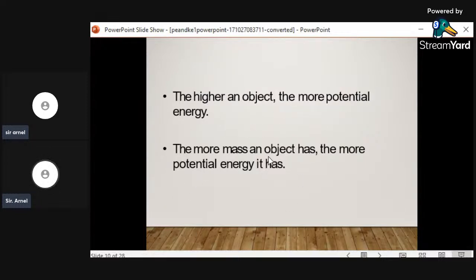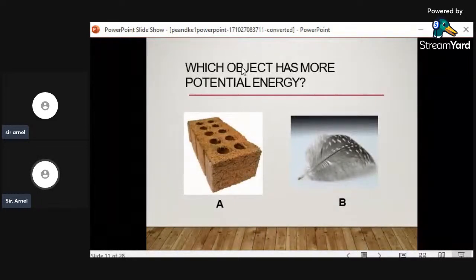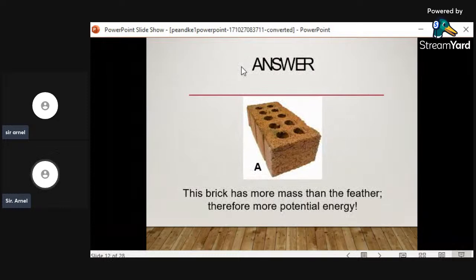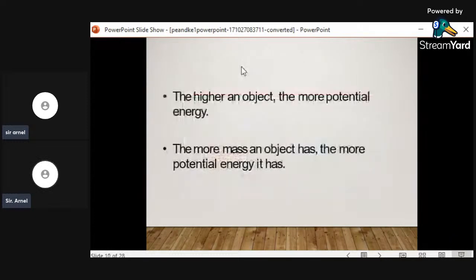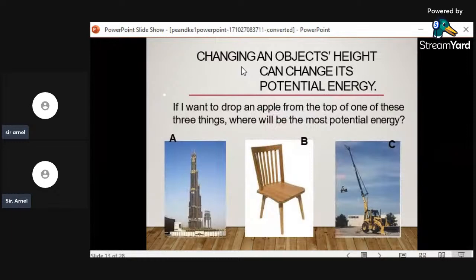The bricks. Why? Because the brick has more mass than the feather, therefore more potential energy. As we said earlier, the more mass an object has, the more potential energy it has.